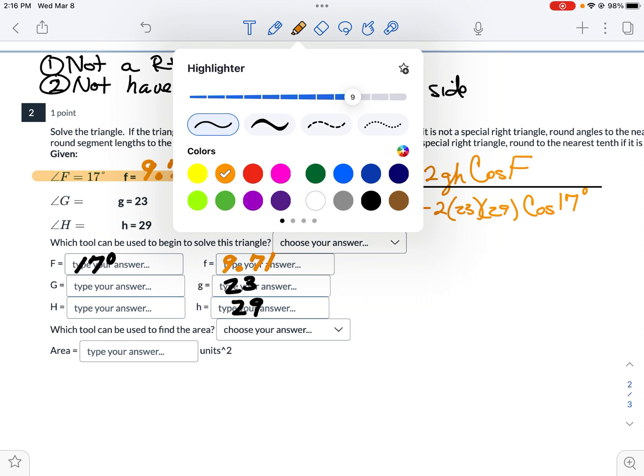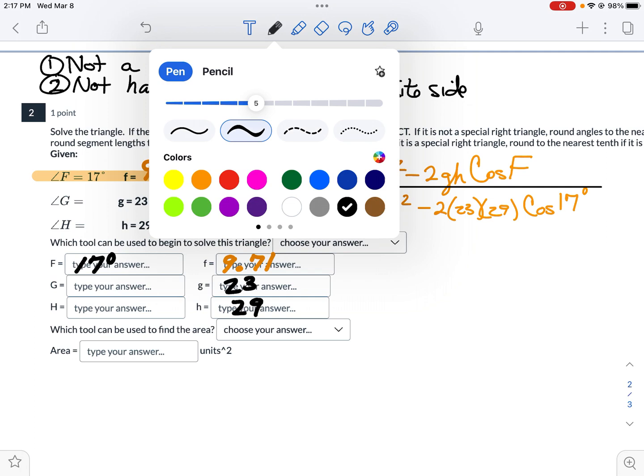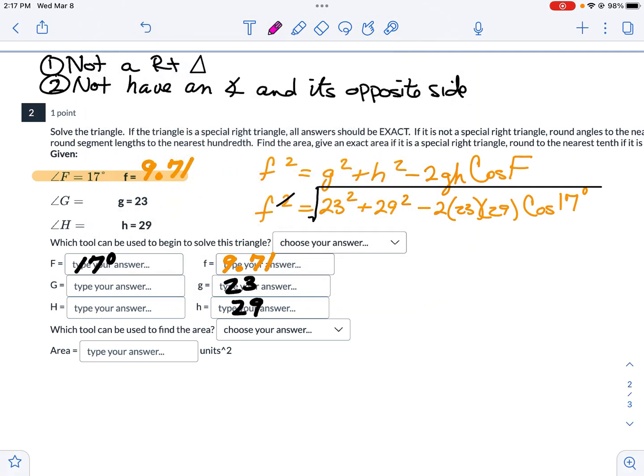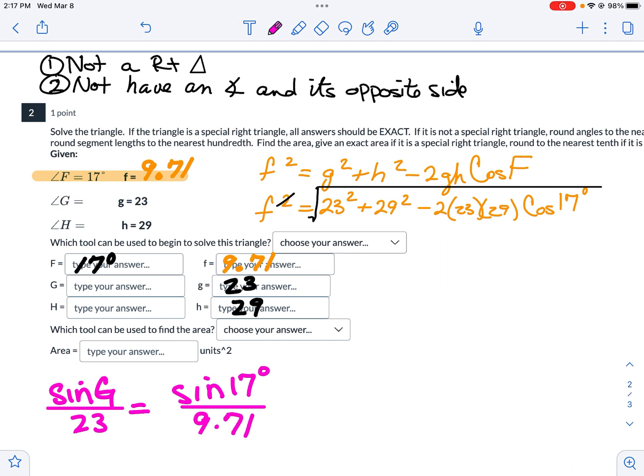Okay. If I want to use law of sines, I would say sine of G over 23 is equal to sine of 17 degrees over 9.71. So I could do that if I wanted to.